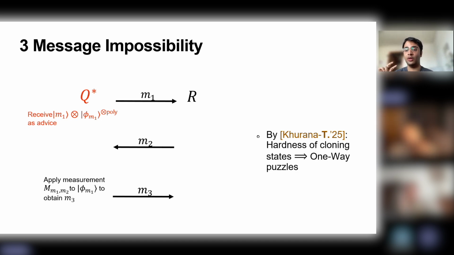The thing you want to stop is cloning this money state, where cloning could mean coming up with a state which is completely different, completely orthogonal to the original state, but still makes the verifier accept. So here we are not saying clone with respect to a verifier. We are saying clone with respect to trace distance. So the trace distance has to be reasonable, it can't be close to 1.